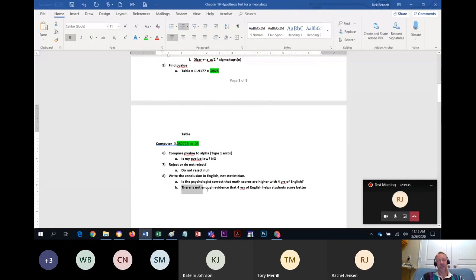Statisticians don't like to be saying that they've made a mistake. You say that there's evidence or there is not enough evidence of whatever you're trying to prove. Does that make sense?